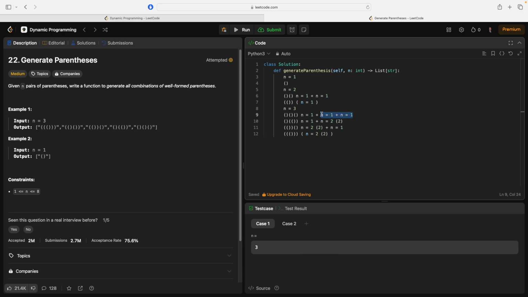And this really is n equals 1 plus n equals 2, because it's this one. So right now I'm thinking it's sort of like a 2D array.